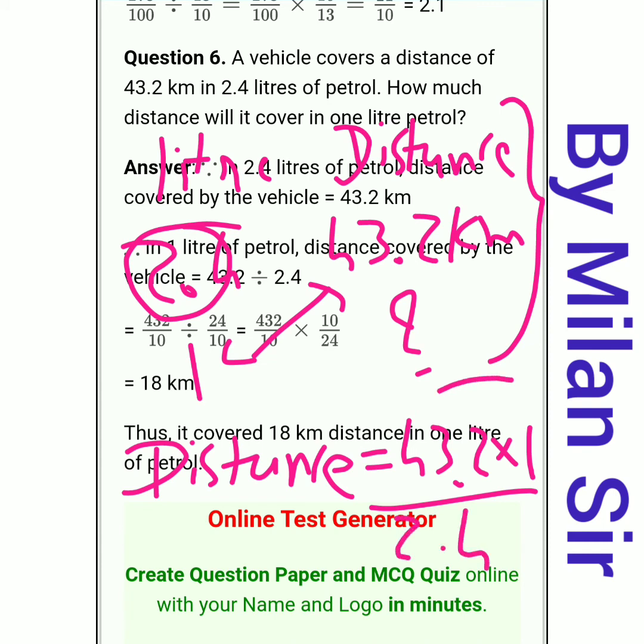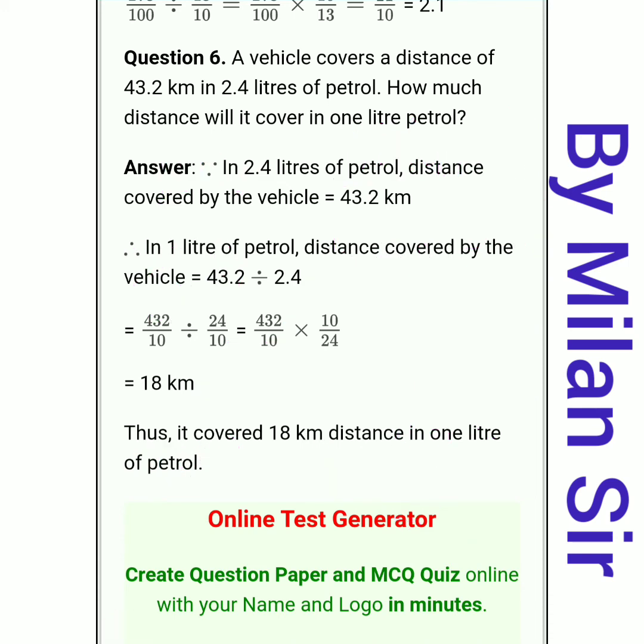Now in the numerator, 43.2 multiply 1 is the same 43.2, divided by 2.4. So our question is distance equals 43.2 divided by 2.4.